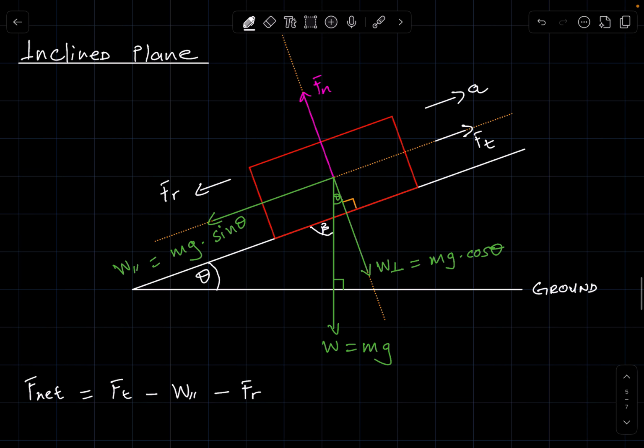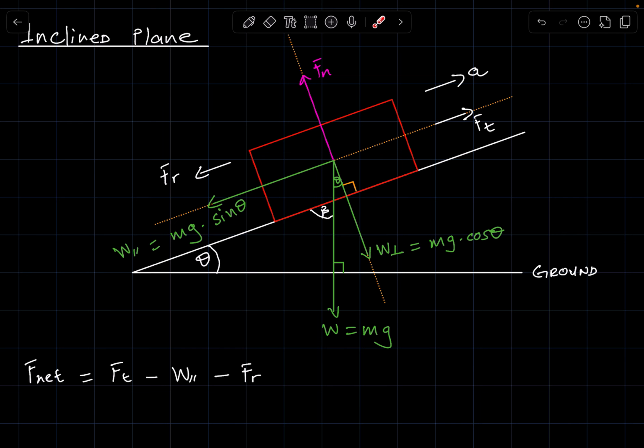Free body diagrams are very important, people. So this here represents the free body diagram of an object moving up an incline. Free body diagrams give you context as to the forces that the object is being subjected to and the direction of those forces.